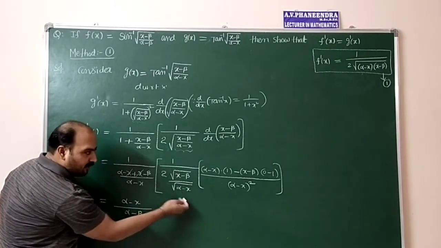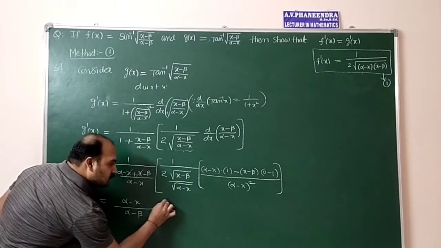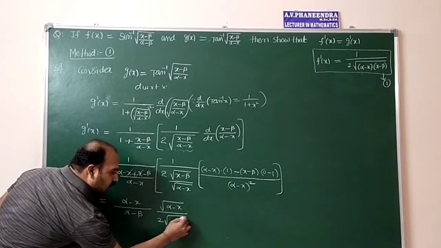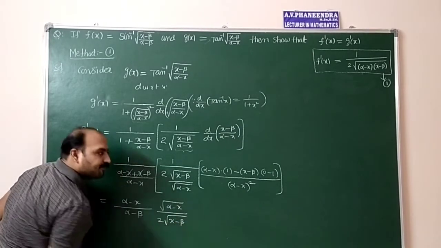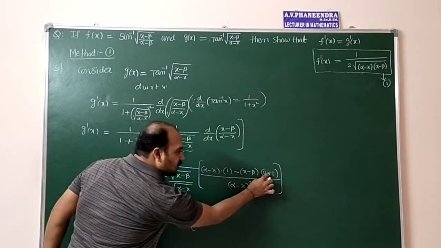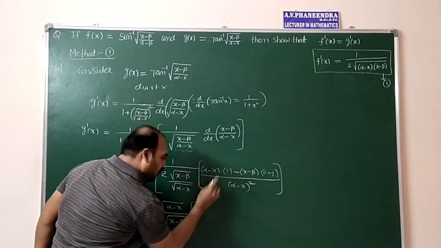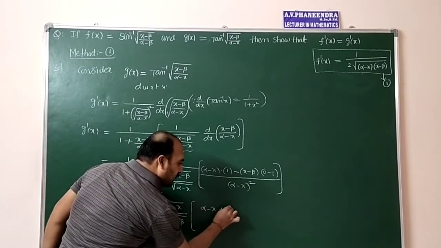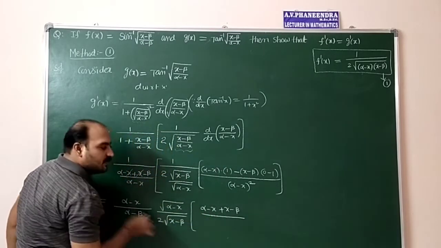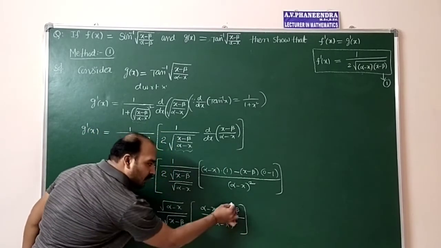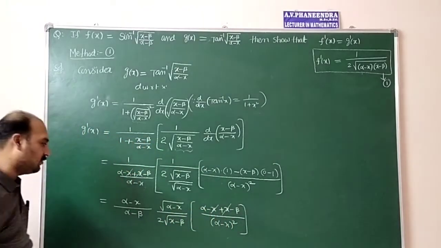Here also the denominator will become numerator. Square root of alpha minus x divided by 2 into square root of x minus beta, into, here simplify, minus into minus plus alpha minus x, here plus x minus beta, divided by alpha minus x whole square, keep bracket, plus x minus x get cancelled.